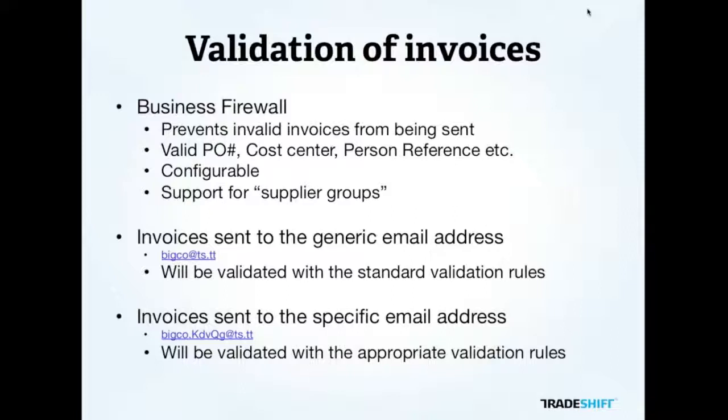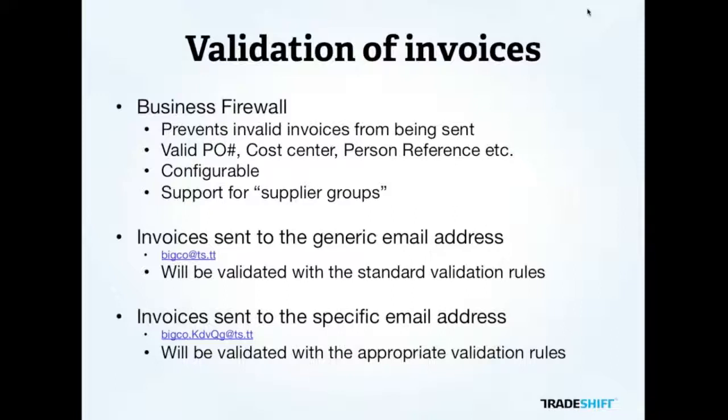And when you know this, then it becomes also apparent the advantages of if you expose a generic email address to all your suppliers, then you don't really know who you're communicating with, and you don't really know what validation rules should be put in place. So then everything sent to the generic email address would be validated with the standard validation rules.